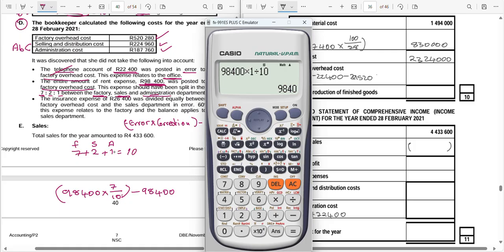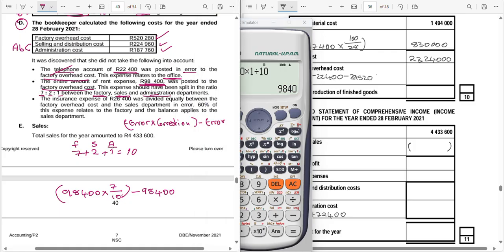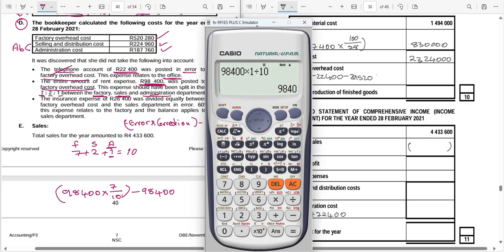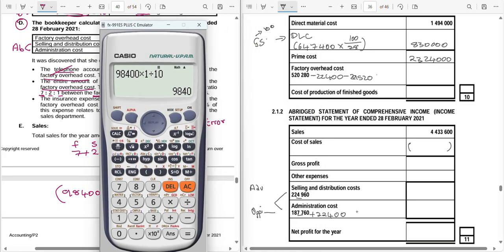I'm on administration, because we said admin, we give it 1 as it is written there. So we're going to add that here, because they said 1. A ratio of 1 must be given to admin. So it will be 9840. So selling and distribution.